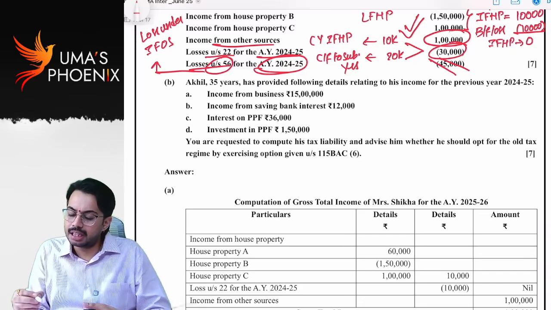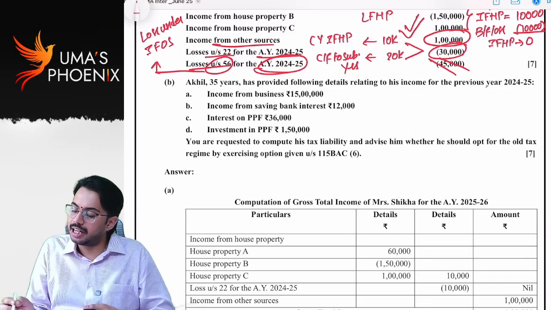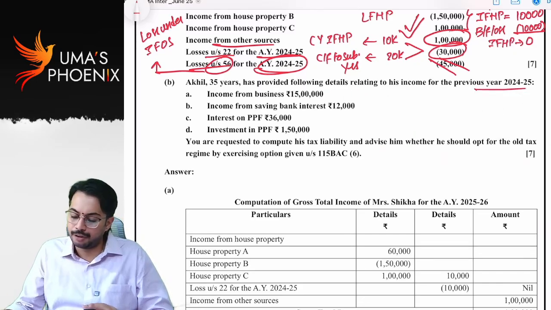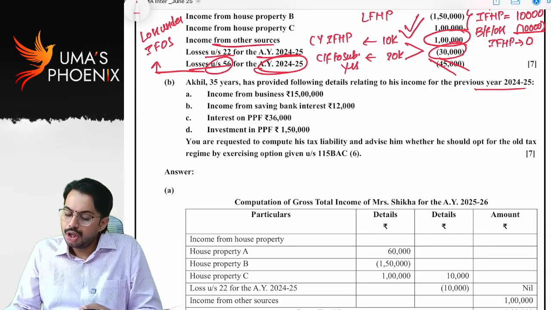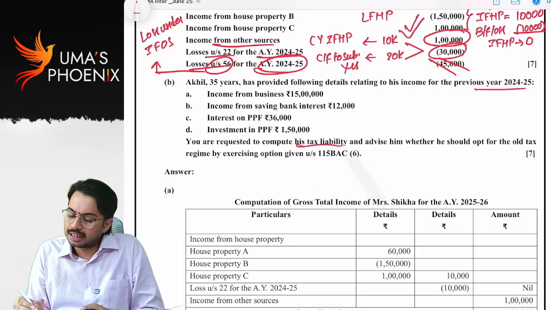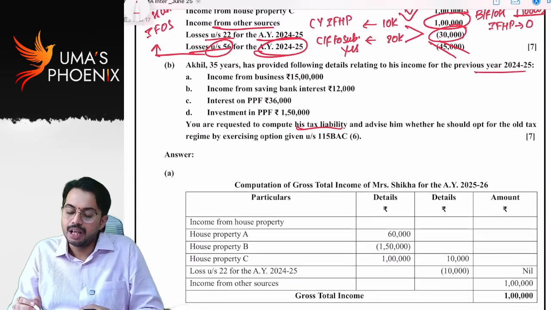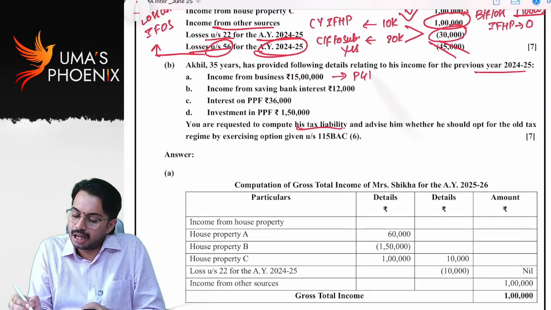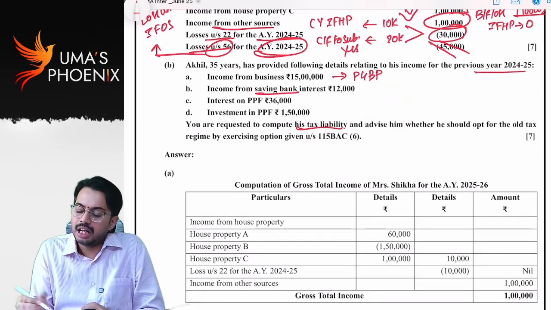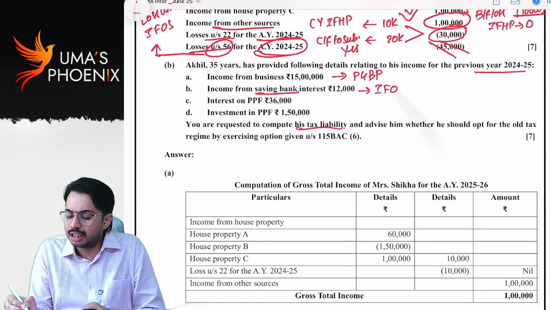Akhil, 35 years, provided the following details relating to his income for previous year 24-25. You are requested to compute his tax liability and advise him whether he should opt for old regime or new regime. Income from business, this is taxable under PGBP. Income from savings, taxable under other sources.